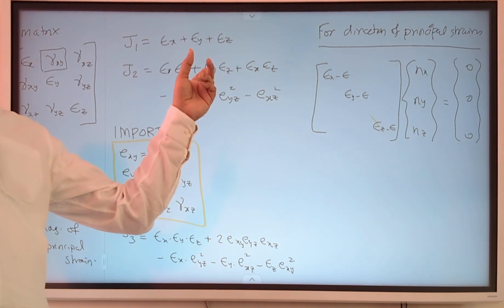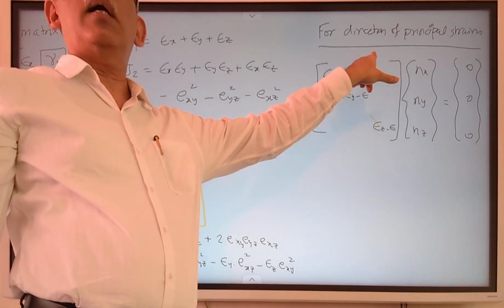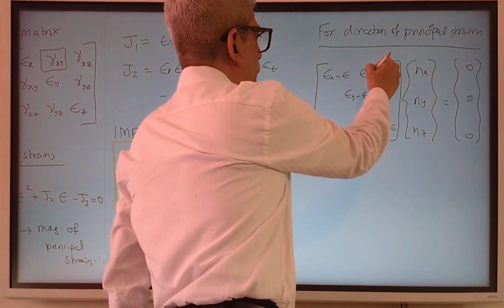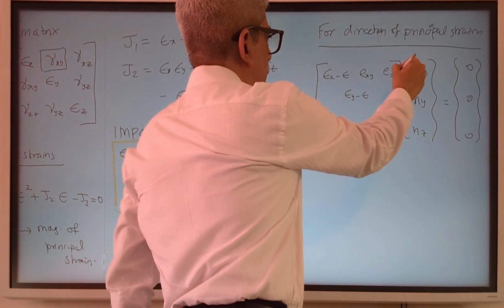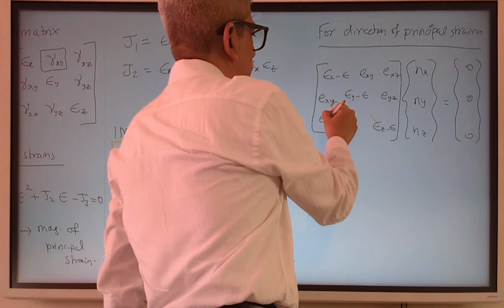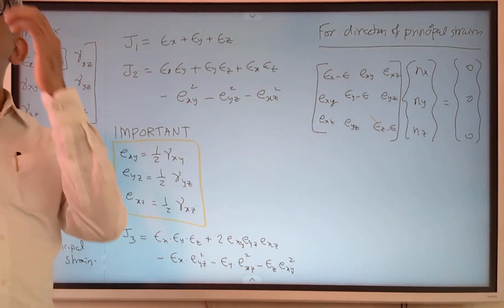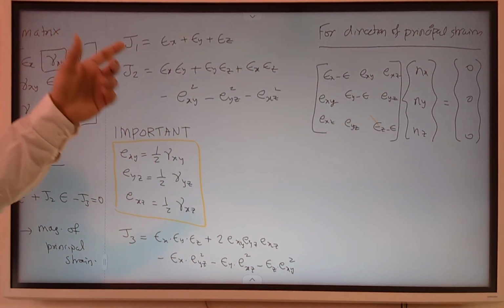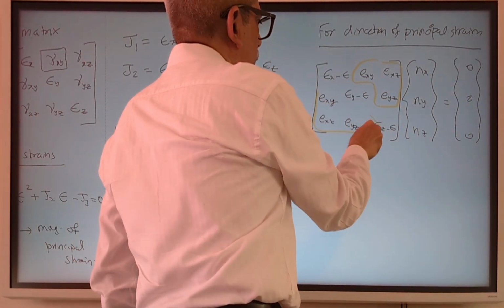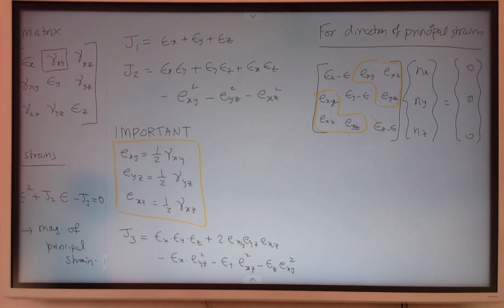Another change with respect to the stress: here the original strain state had gamma terms, shear strain terms, but here it will be e terms, so it will be exy, exz, eyz. So the approach is similar, except the important thing to remember is the e terms coming in this formulation.